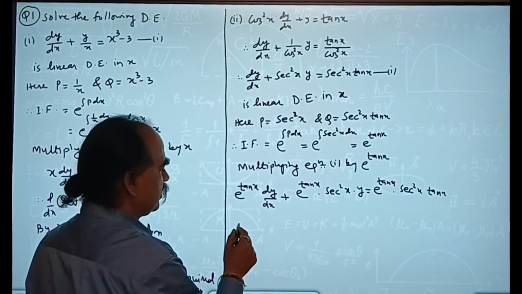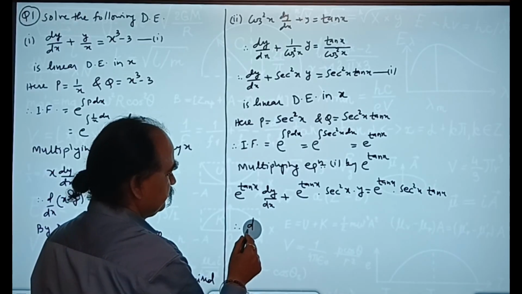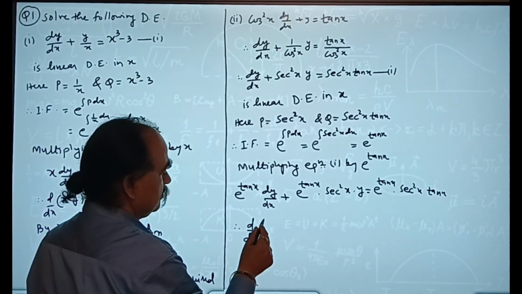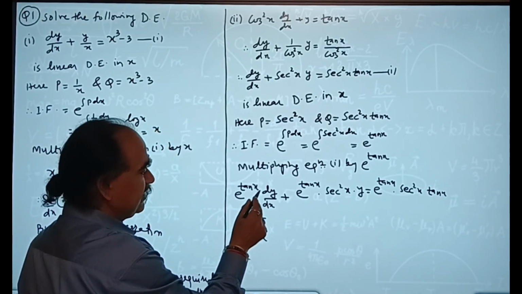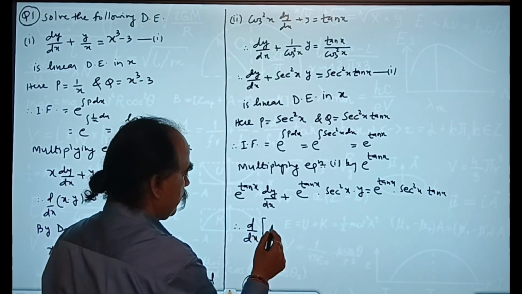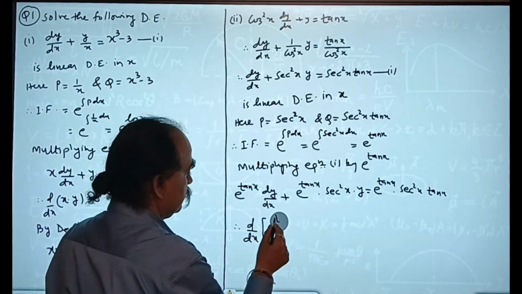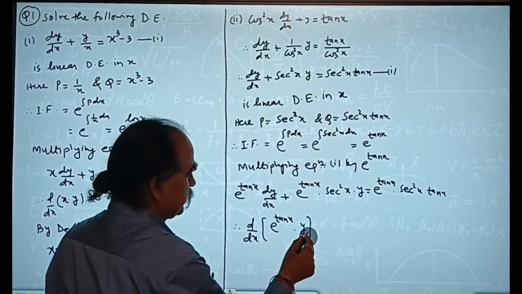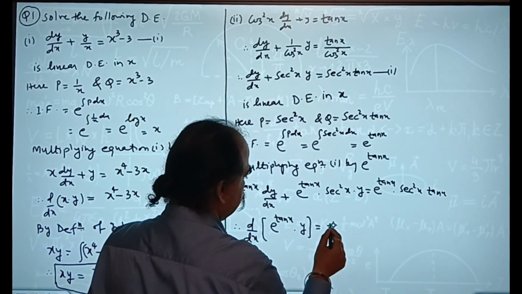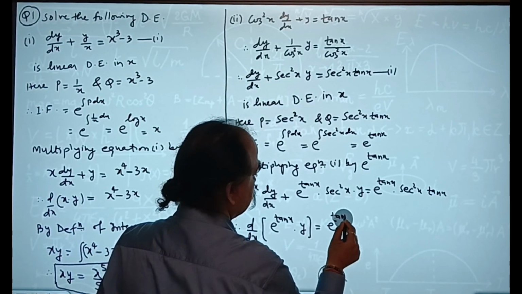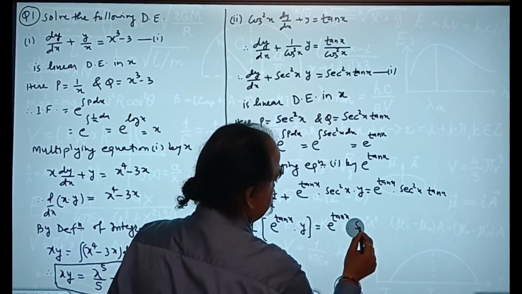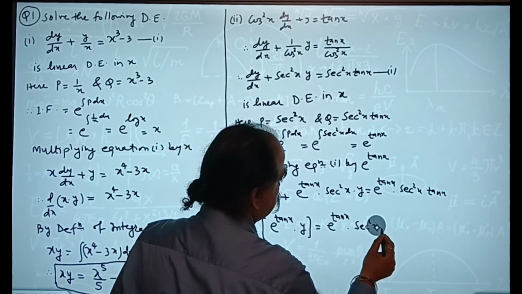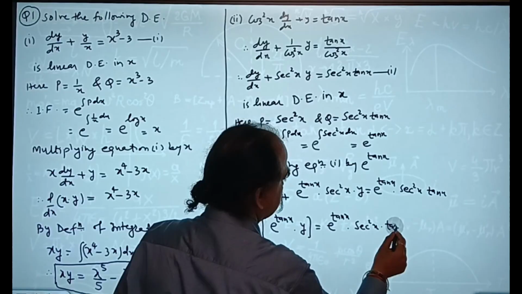Now left hand side is d by dx of e raised to tan x into y, is equal to e raised to tan x into sec square x into tan x.